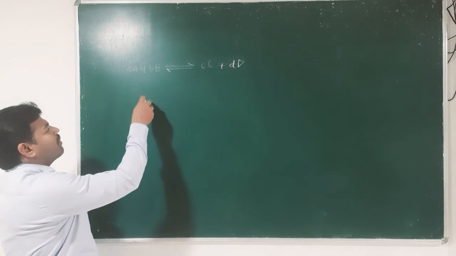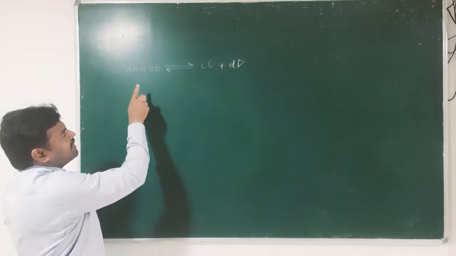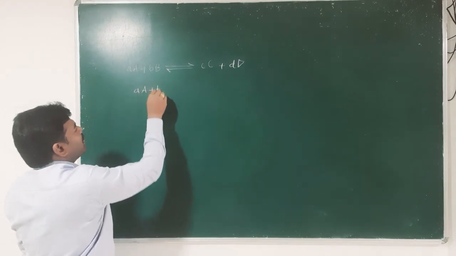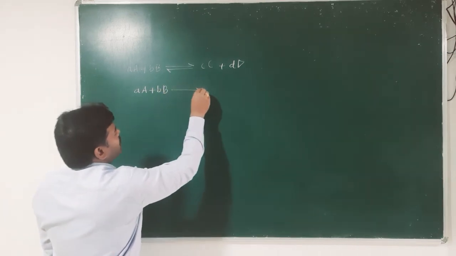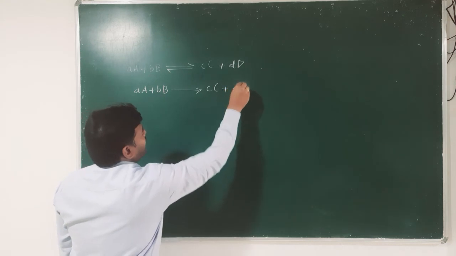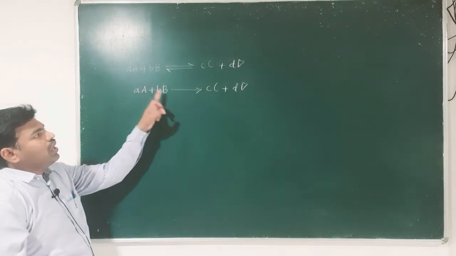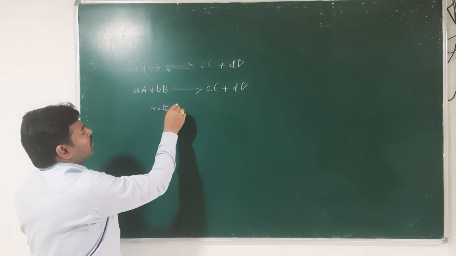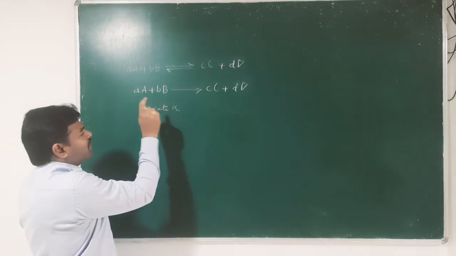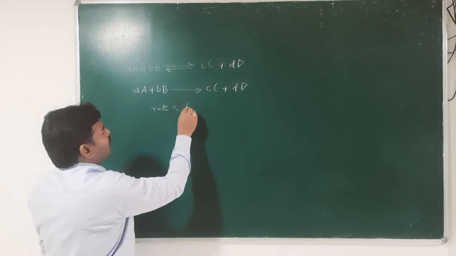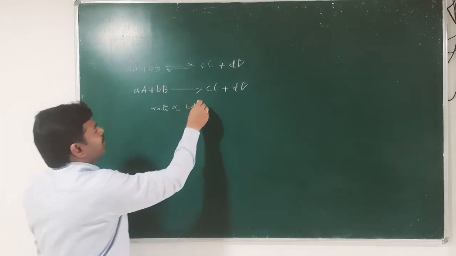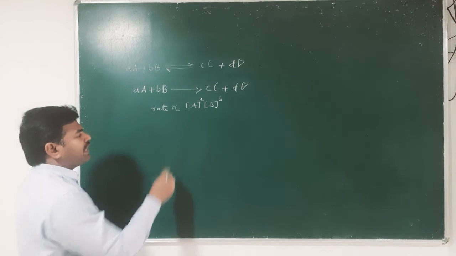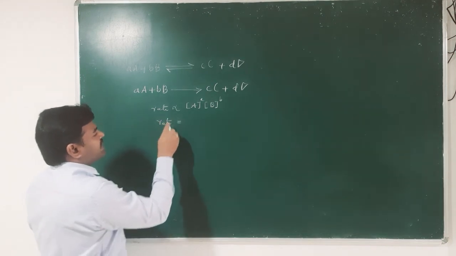Okay. So, law of mass action, for example, this is a reversible reaction, and in this two reactions take place, that is a moles of A and b moles of B give rise to c moles of C and d moles of D. This is called the forward reaction, and according to the law of mass action, the rate of the forward reaction is directly proportional to the active concentrations of reactants, that is [A]^a and [B]^b.